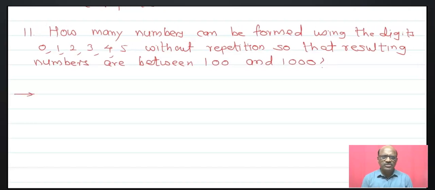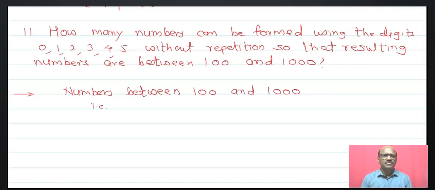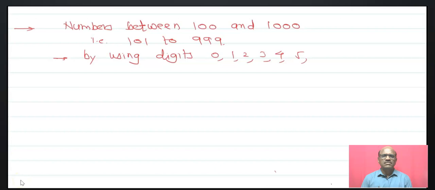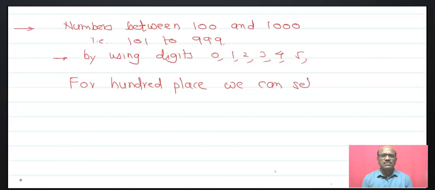Now we have the digits 0, 1, 2, 3, 4, 5 and the numbers between 100 and 1000. The numbers between 100 and 1000, that is, the numbers are from 101 to 999, by using the digits 0, 1, 2, 3, 4, 5.